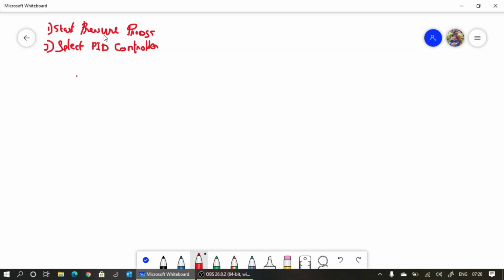At that point you select that PID controller kit and do the necessary connections. If you are using a computer, there is no need to select a PID control kit. You can select P controller mode, if it is available.